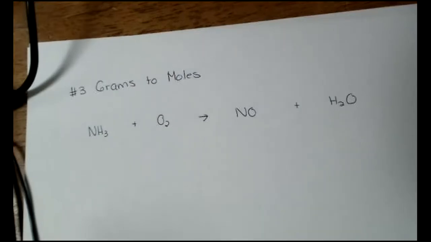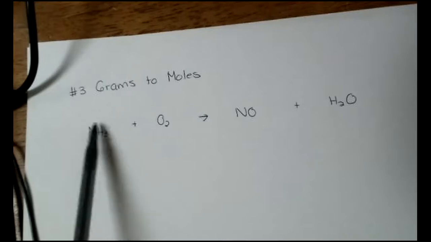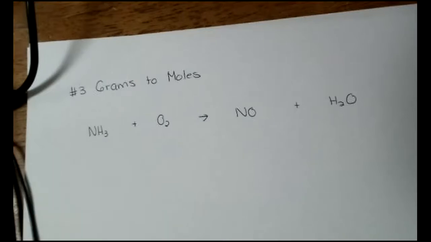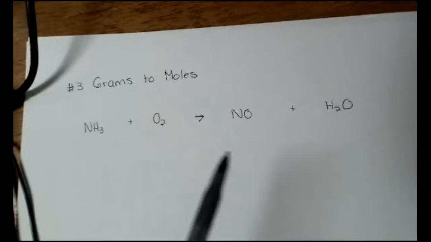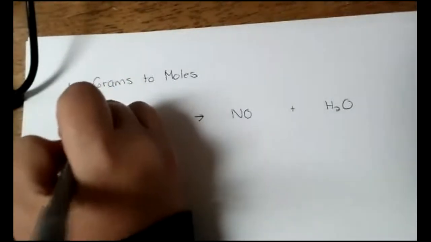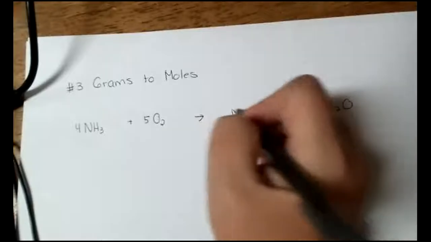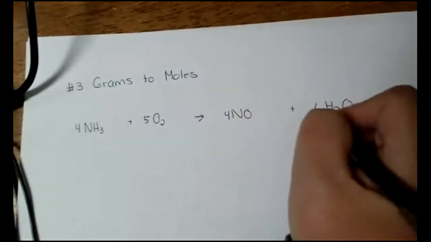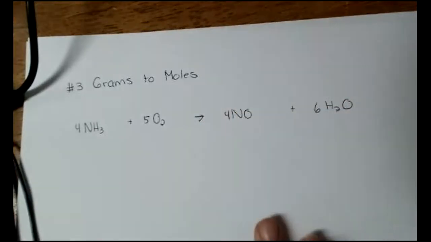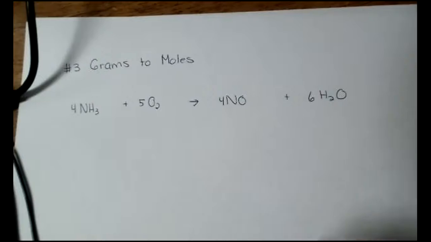Before we can get to nitric acid, we have to oxidize ammonia, NH3. So first thing we're going to do is we're going to balance this. So if you want to pause it, that way you can balance it on your own. You can do that right now. Okay, so to balance this one, it's 4, 5, 4, 6.